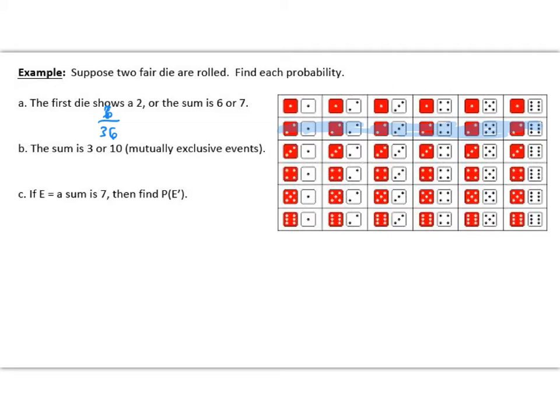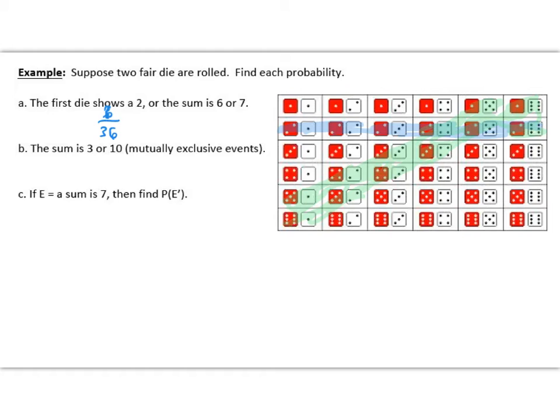Okay. Now we also want to look at the idea that the dice total a 6 or a 7. Well, we know that the ones with a 7 are right up that diagonal, and the ones that are a 6 are also up that diagonal that is right above it. So we've got all of these ones that I'm highlighting and shading in green that you can see that are either 6 or 7.